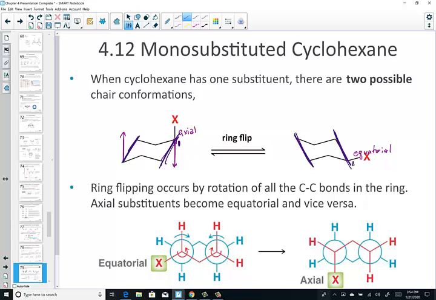We pushed it down, forcing carbon 4 up. 1, 2, 3, 4. A ring flip. Carbon 4 was pushed down. We took our hands and we literally forced it up. At the same time, we pushed carbon 1 down. We're flipping the ring. Not spinning it in space, but flipping it by pushing on carbon bonds.